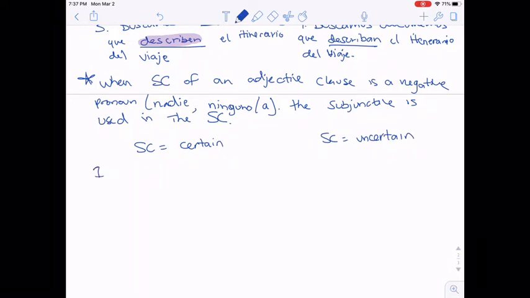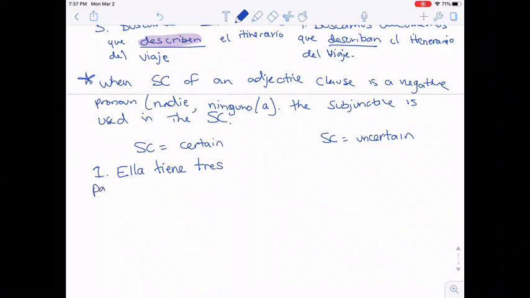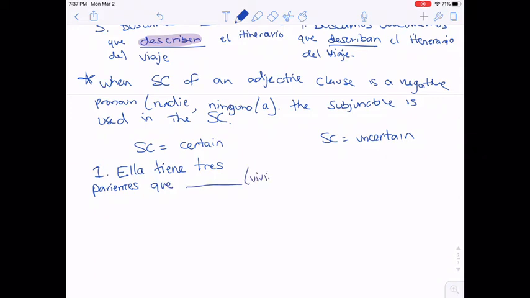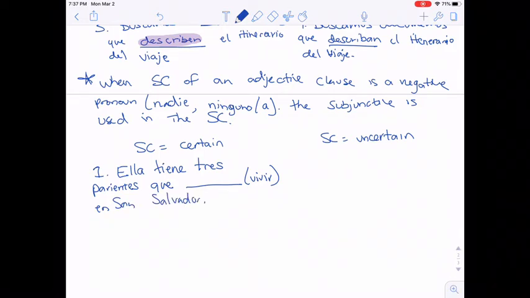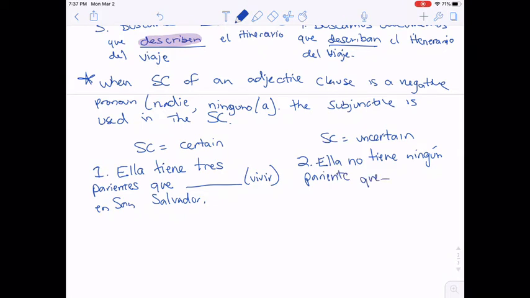So the first one, we could say, ella tiene tres parientes que blank vivir en San Salvador. And then the second one where it's uncertain, we could say ella no tiene ningún pariente que blank vivir en La Palma.